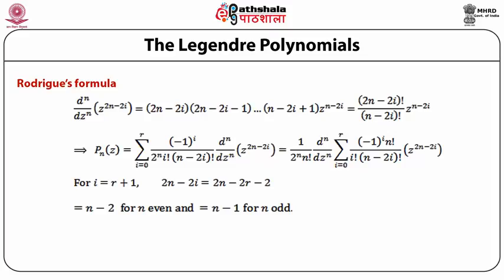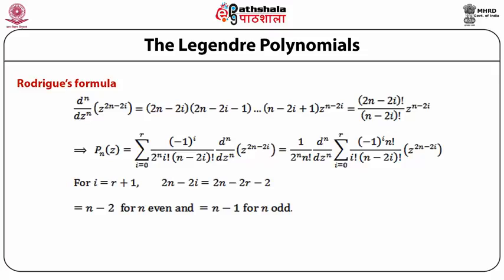raised to power n into n factorial, multiplied by the nth order derivative with respect to z of summation over i going from 0 to r of (-1)^i n! z^(2n-2i) divided by i! (n-2i)!.